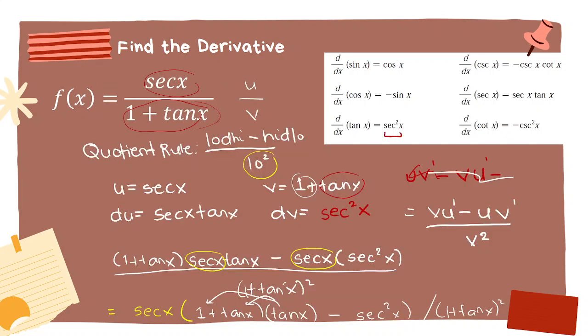Doon ka nagbawas sa kaliwa, secant ang pinactor out mo. Yung sa kanan na secant x ang pinactor out mo? Pwede rin ba? Yung kanan na sec squared x, tama? Oo, sec x naman talaga yung pinactor out natin.